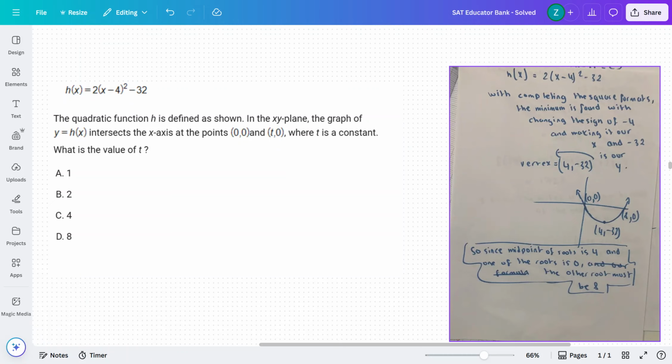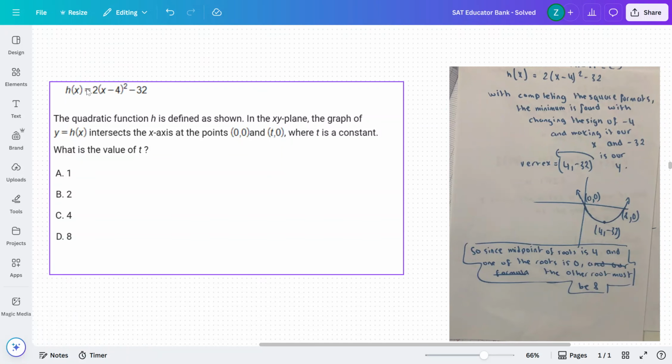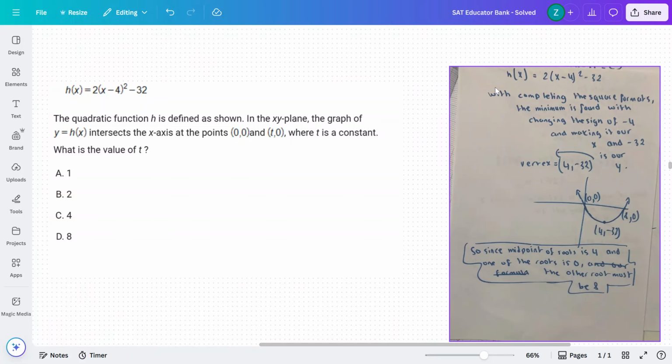Regardless, we can find the vertex in completing the square formats like this one. We find the vertex by changing the sign of minus 4 and making that our x, and minus 32 is our y.